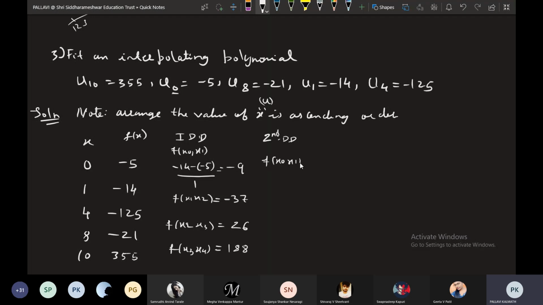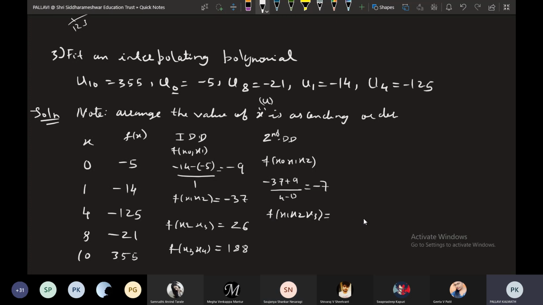What is this value? F of x0, x1, x2. Second difference. First value. Minus 37 plus 9 divided by what? x2 minus x0. So 4 minus 0. It is 4. So it is equal to minus 7. Okay, next value. Next, x1, x2, x3.